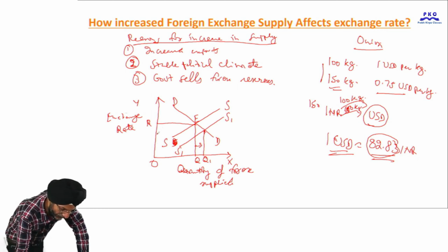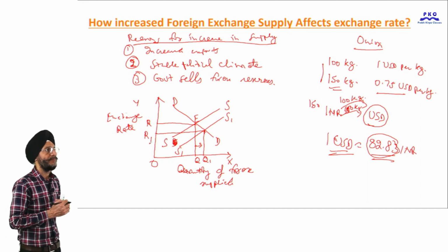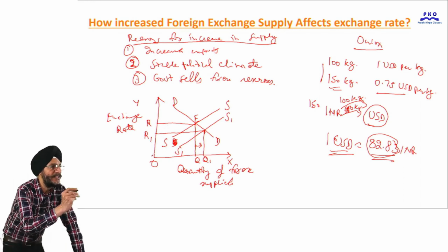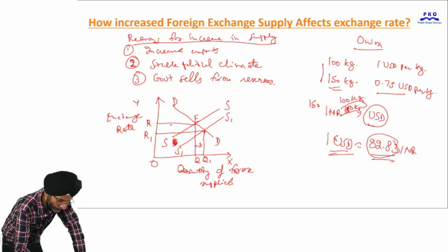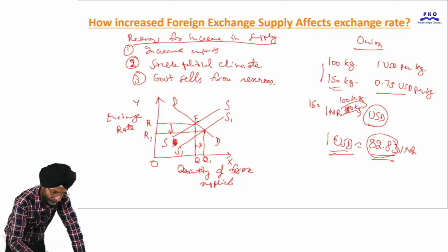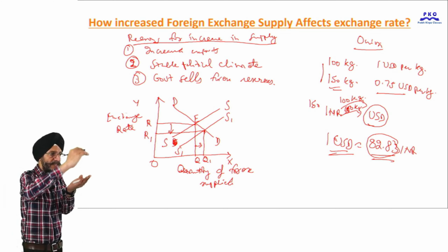What has it resulted in? It has resulted in decrease in exchange rate. Here the earlier exchange rate was OR, now it has decreased to OR1. Supply of foreign exchange has increased, exchange rate has decreased.